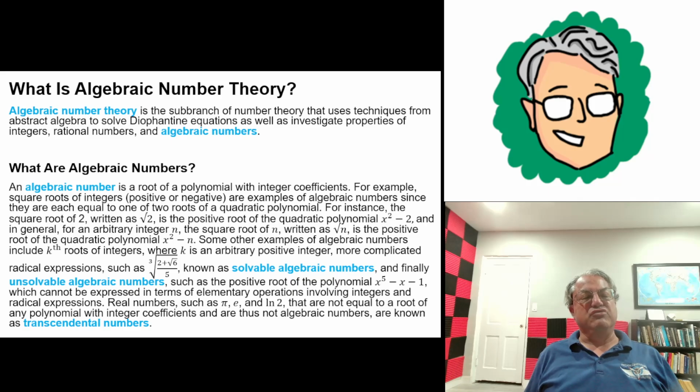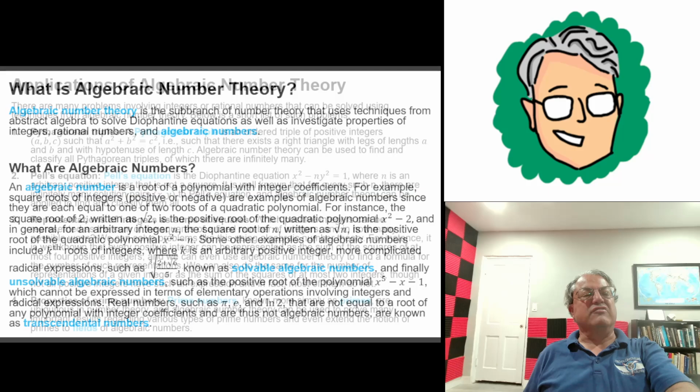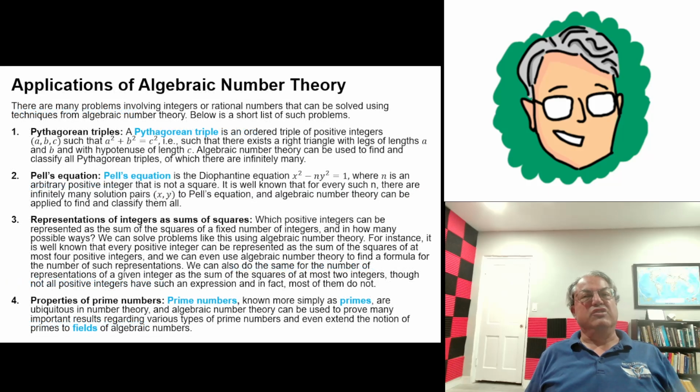It took a long time to prove that. Real numbers that are not algebraic are known as transcendental numbers, by the way. Pi, e, and the natural log of 2 are some examples of transcendental numbers. But those aren't really part of the domain of algebraic number theory.